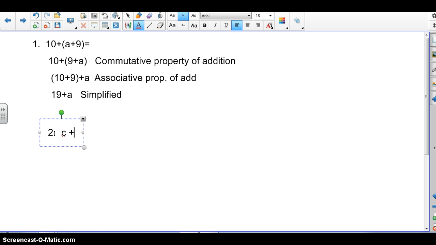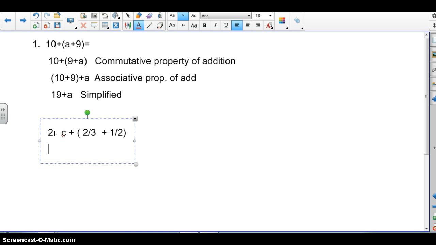C plus parentheses, and this is going to be weird the way I write it, 2/3 plus 1/2 in parentheses. Okay, that's the associative property of addition on that one, and that's the only thing that works.